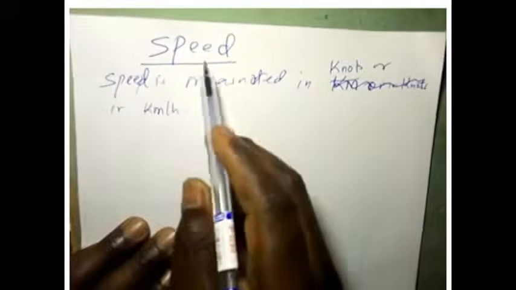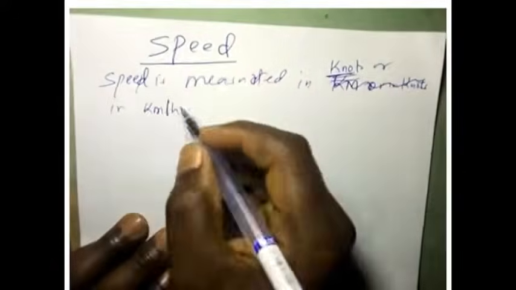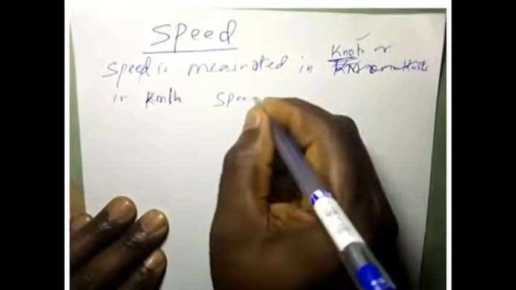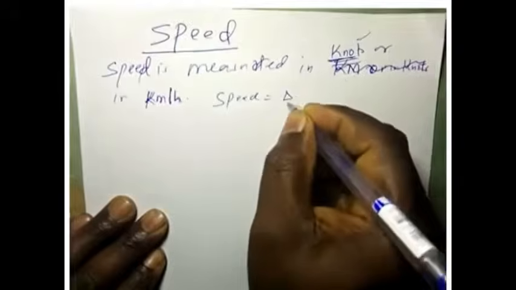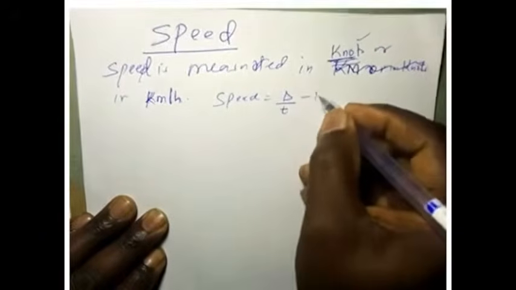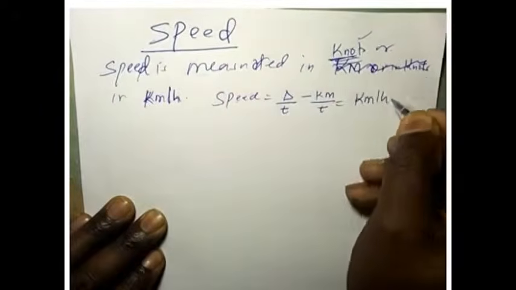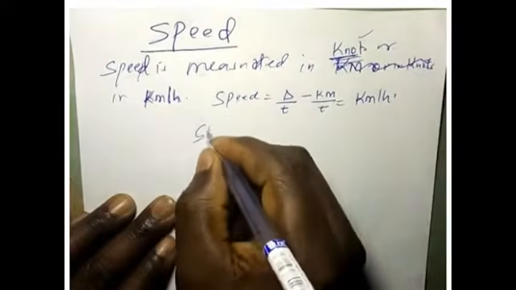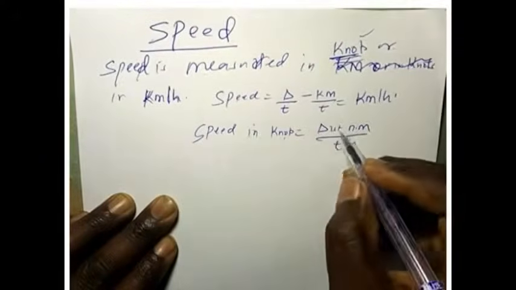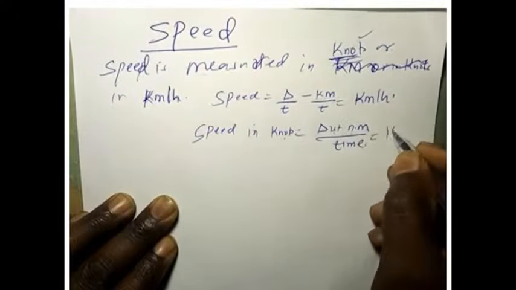We know that speed is measured in knots or in kilometers per hour. Speed in kilometers per hour is given by speed is equal to distance divided by time. If distance is in kilometers divided by time, it will give us kilometers per hour. For speed in knots, you must have distance in nautical miles, and then divide by time to get the answer in knots.